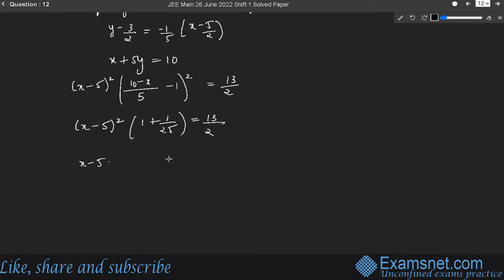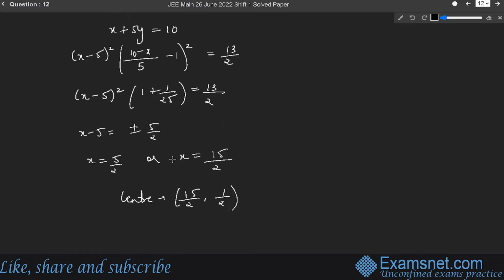So x - 5 will be equal to ±5/2. Therefore, x will be equal to 5/2, or x will be equal to 15/2. But we know that x cannot be equal to 5/2 because here AB is not the diameter. So the center will be (15/2, 1/2).